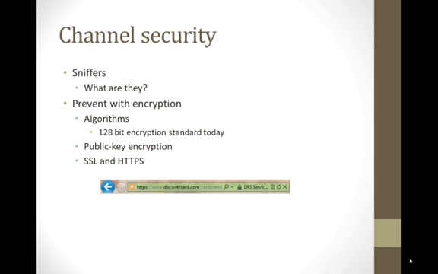So your personal financial information from the Discover card cannot be read by a sniffer. All a sniffer would see would be a bunch of random ones and zeros, and so they couldn't make any sense out of it. So that's where the HTTPS fits into this.